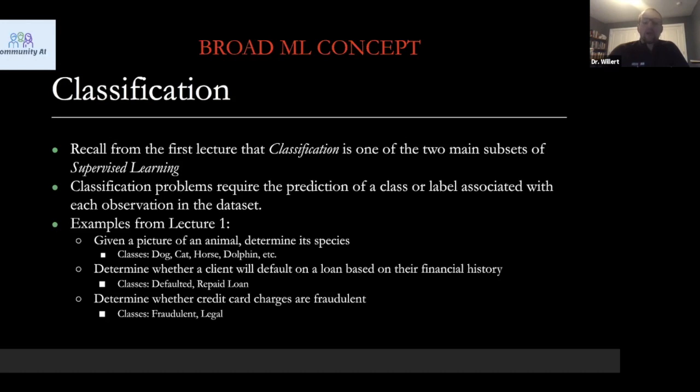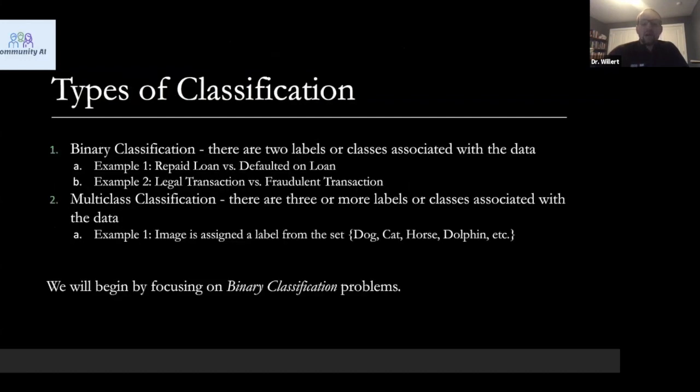So there's two classes here, whether the client defaulted or repaid the loan on time. And as a third example, we might determine whether credit card charges are fraudulent. So the two classes here would be fraudulent charges and legal charges.